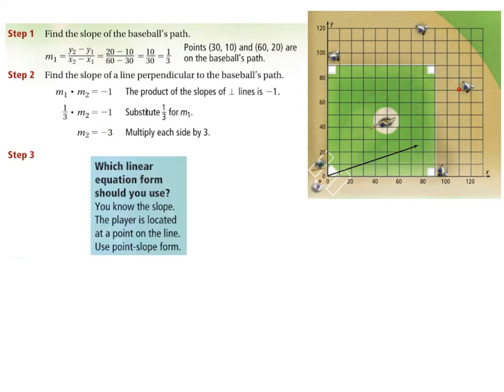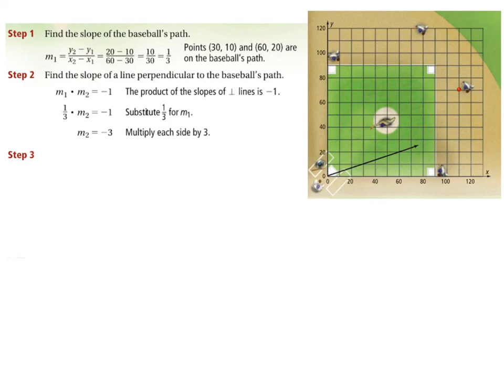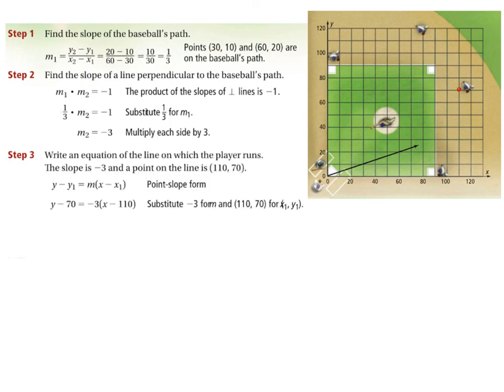So how do you use that? Well, which equation should you use? We've got a point, we've got the slope, so we'll use point slope form. So we use the slope of -3, we use the point 110, 70, the x coordinate goes there after x minus, and the y coordinate goes after y minus.